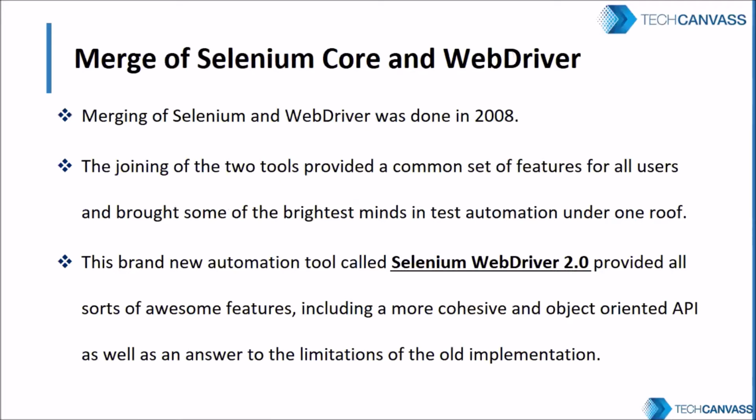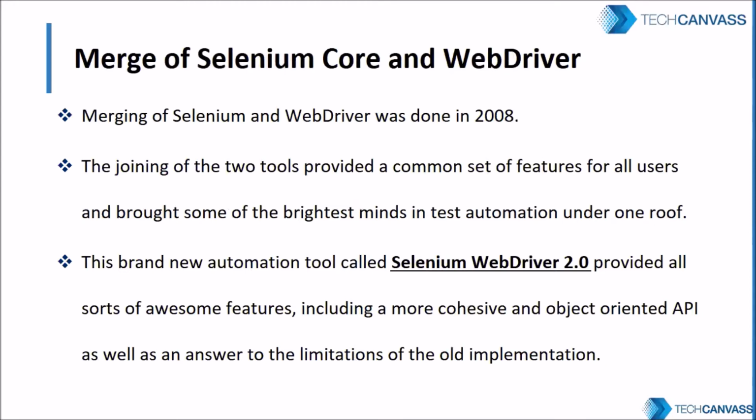In 2008, a merge of Selenium Core and WebDriver was done. There were some solutions available in Selenium Core which were not available in Selenium WebDriver. Selenium RC was Selenium 1.0 and WebDriver was 2.0. A merge of both these projects gave birth to a new version of Selenium, which was Selenium WebDriver 2.0.